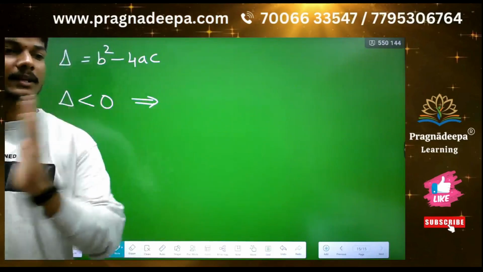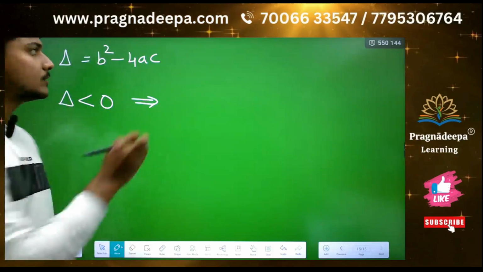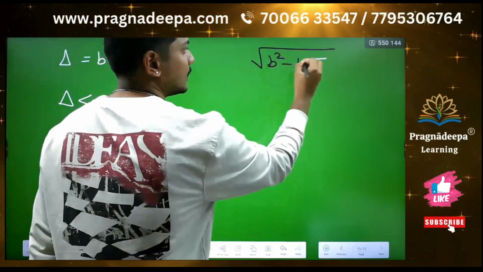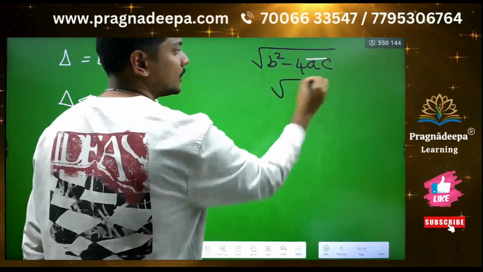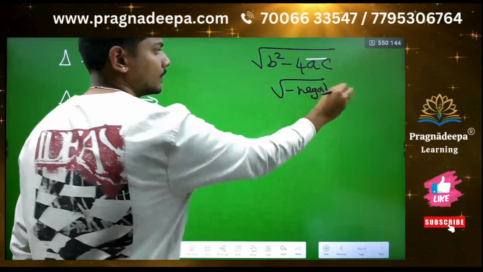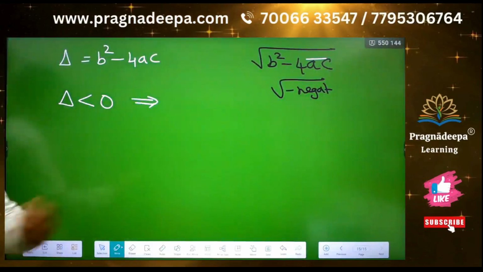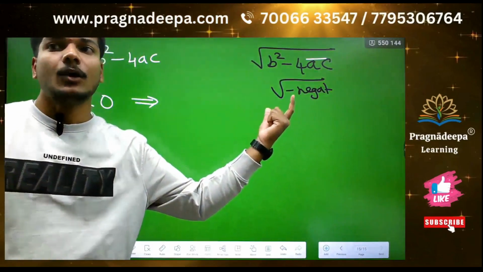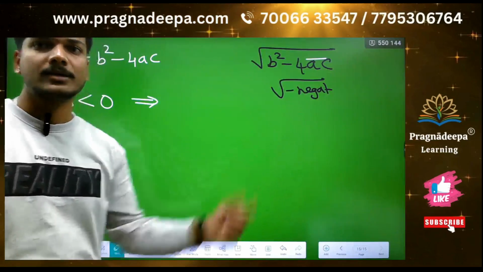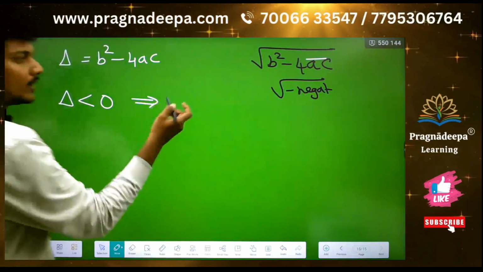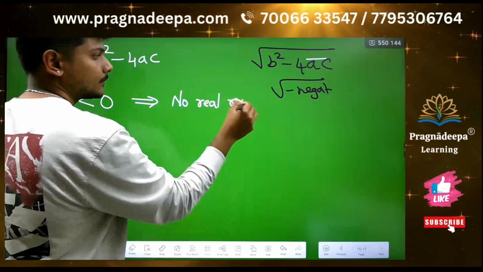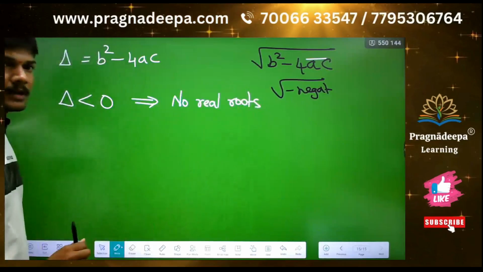So b square minus 4ac is inside the square root. So square root of negative means non-real numbers. Roots are complex, or no real roots, right?